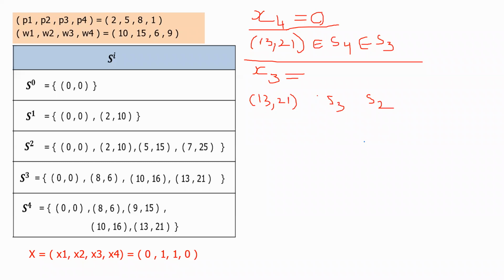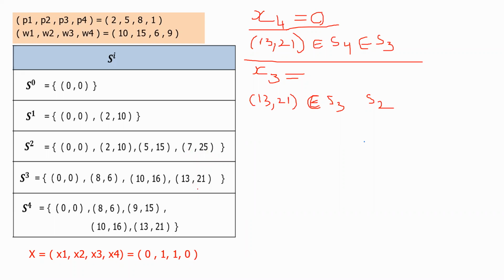So 13, 21 is there in S3, so it belongs to S3. But if you observe set 2, 13, 21 is not there in set 2. That means previously, before including object 3, the optimal solution was 7, 25. But after including the third object, the solution became 13, 21. Right? So that means we have to include the third object into the bag.